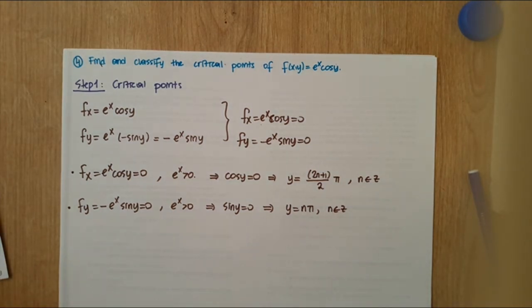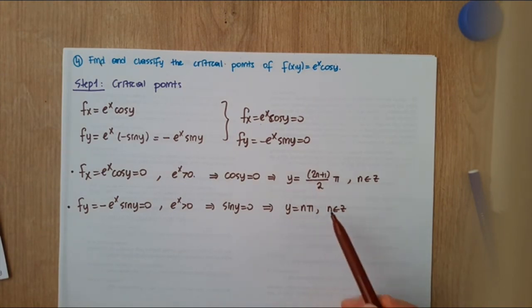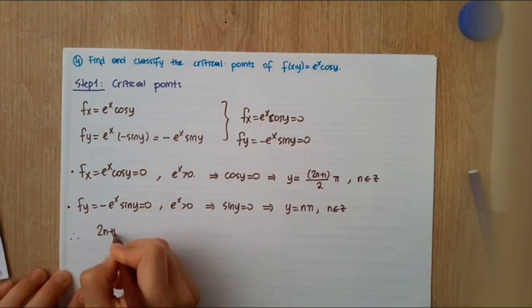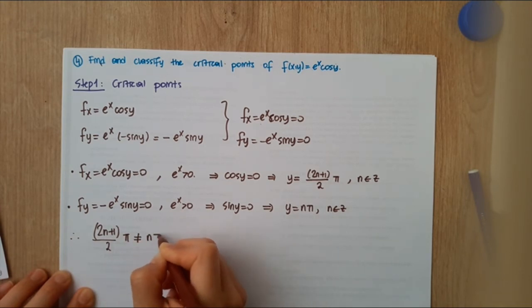At these points, the sine function has the value 0. So from the first part, I have y like that, and from the second part, I have y equals n pi. And as you can see, they are not equal: (2n plus 1) over 2 pi is not equal to n pi.